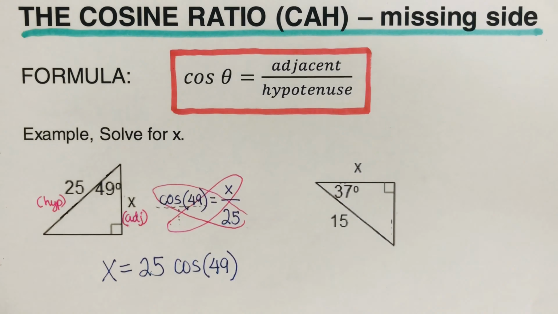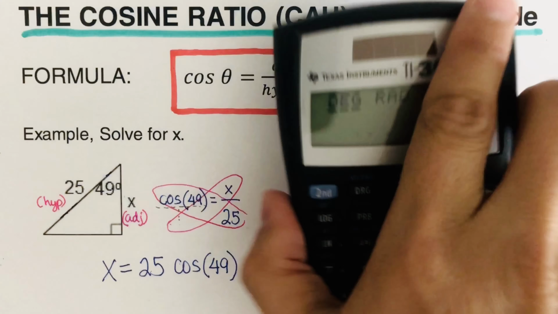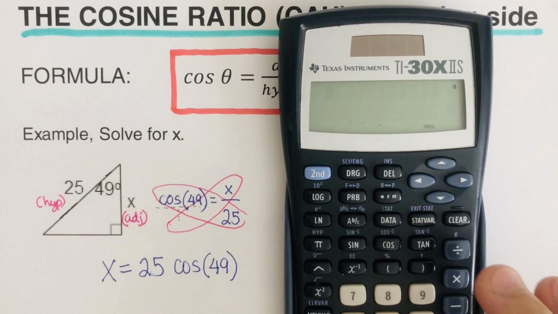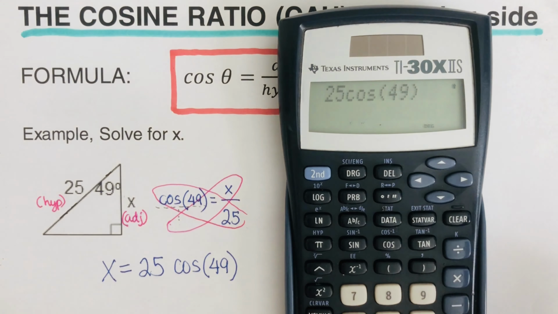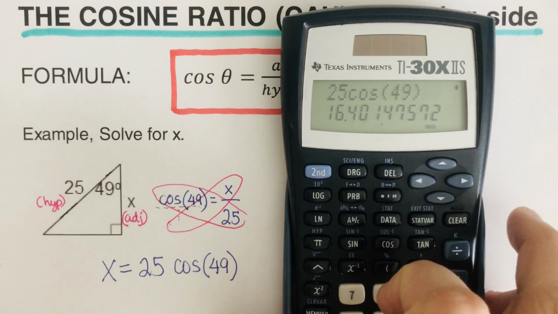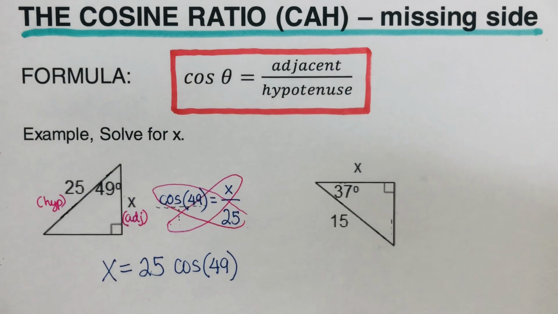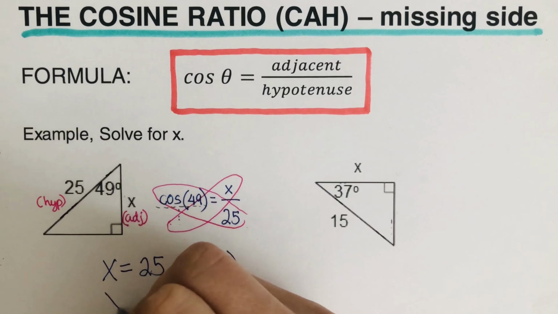Again, we use the calculator. Be sure that it's set up in degrees. So that would be 25 cosine 49, close the parentheses, and that is 16.40. So x is 16.40. This is the length of side x.